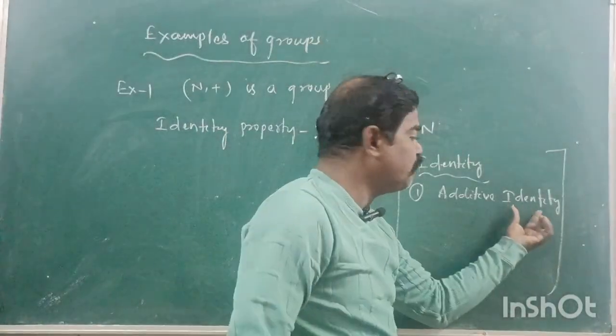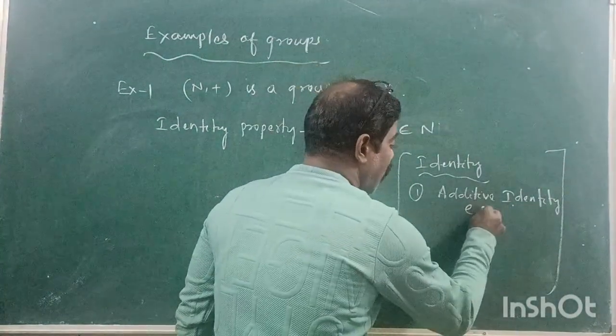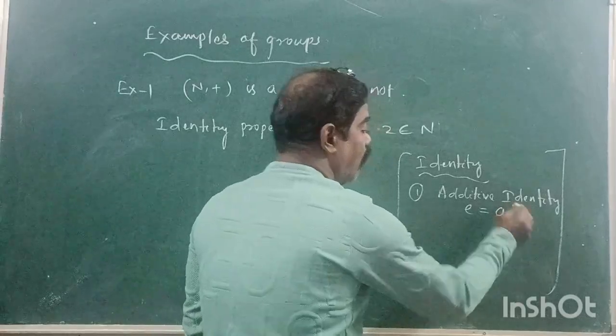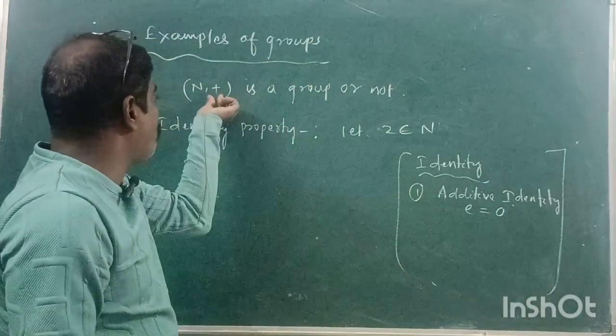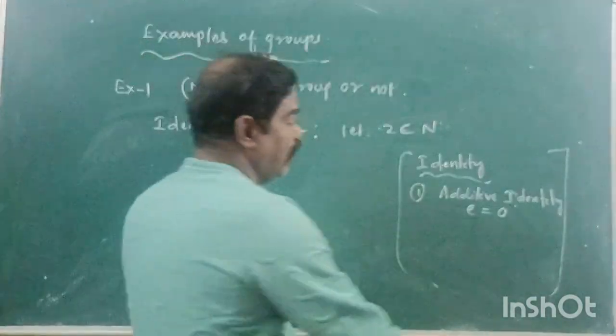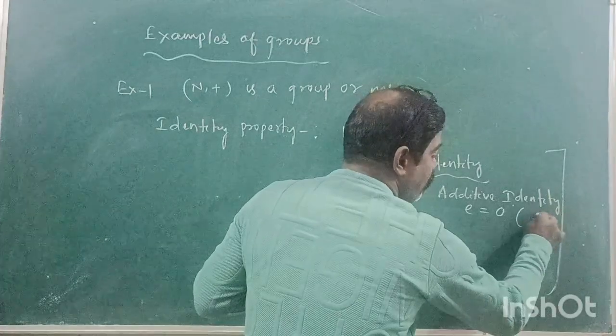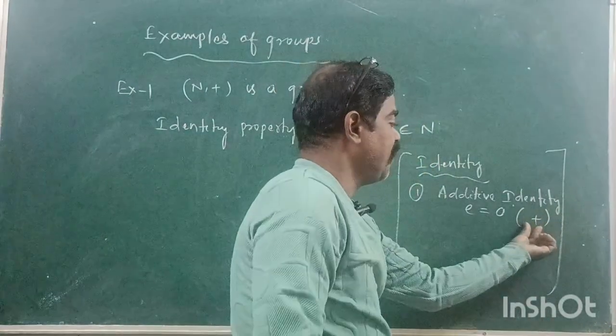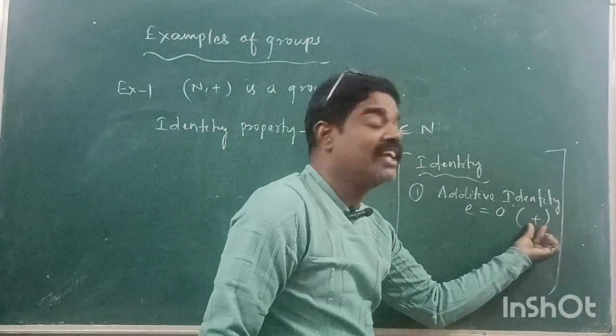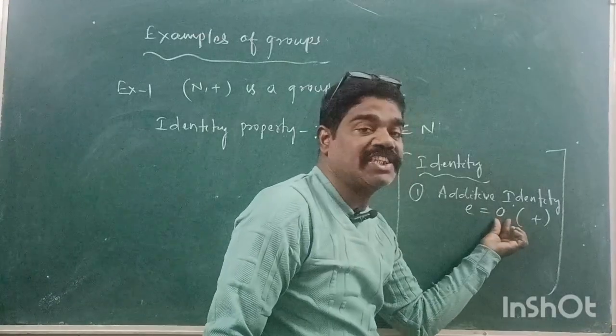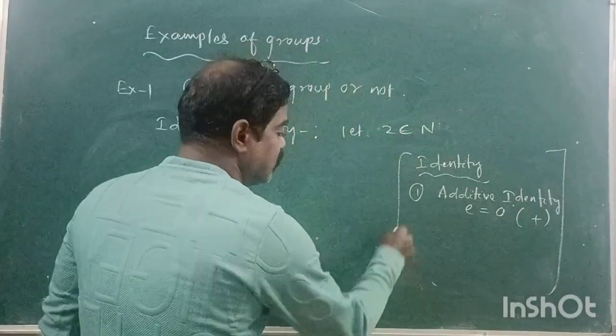The value of additive identity is equal to 0 when the binary operation plus is given. The binary operation plus, the value of e is equal to how much? 0. Okay.